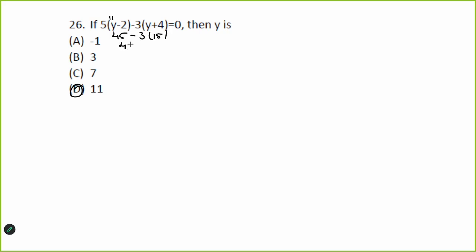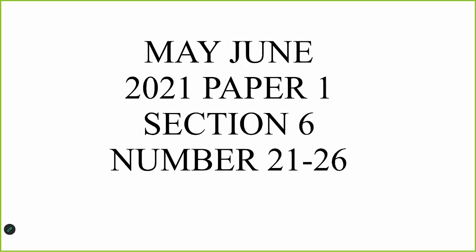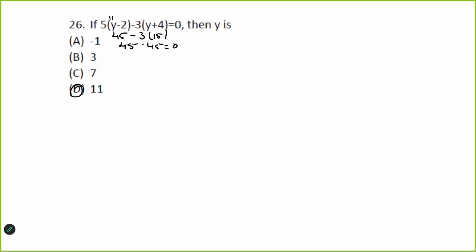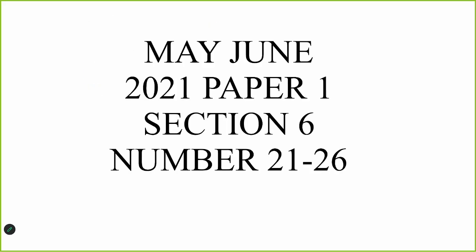So that's 45 minus 45, which is in fact 0. So the answer is 11. I think this is a different variation of the question, but the answer is 11. Again, don't just be like, my memory tells me it's 11. Always check back to see, right? It takes you less than a minute to do the question. Alright, that is the end of January 2022.